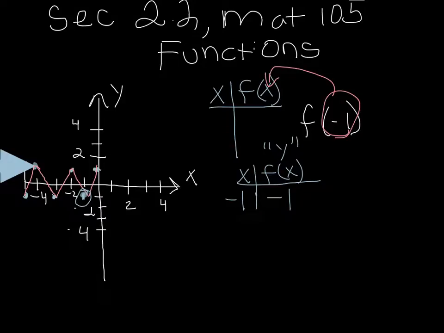Now what if I want to know f of -3? Same kind of thing here. You're looking at your input value, so I'm going to go over here to 1, 2, 3, then go down and see what your y value is. It is also -1.